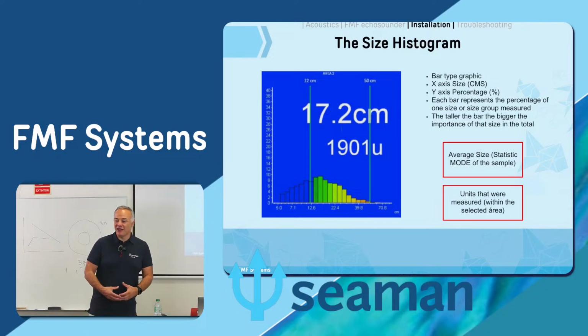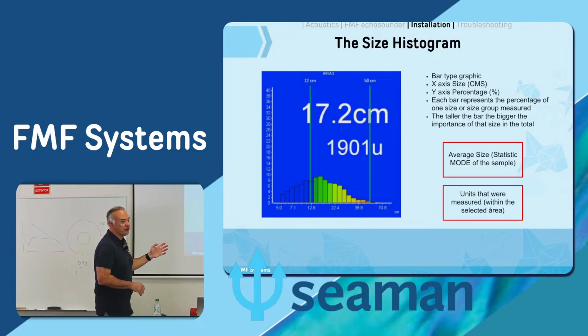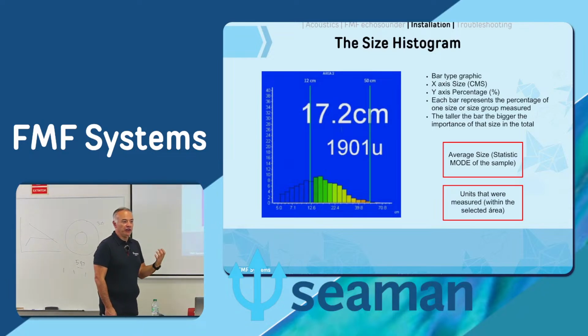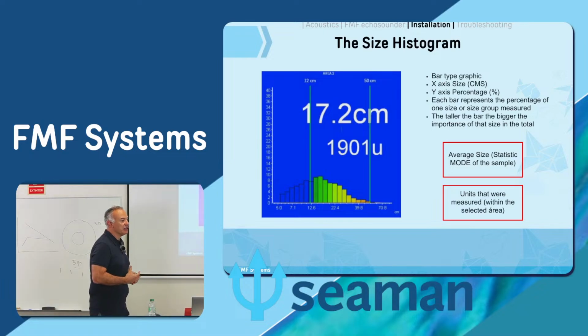Because what's the accuracy of that measurement if you only measure 2 targets or 3? But if the sample is big enough for you to consider that it's reliable, then when you quickly see a large number here, you understand that you can rely on that measurement.